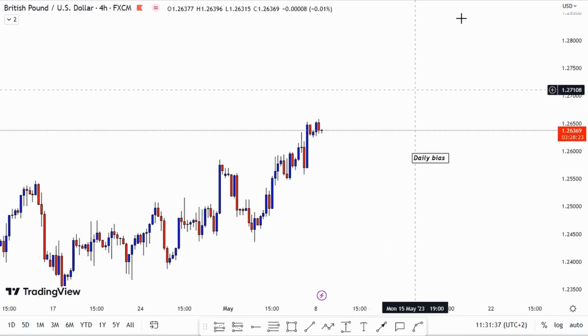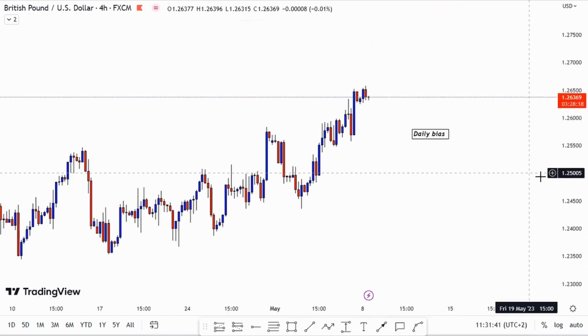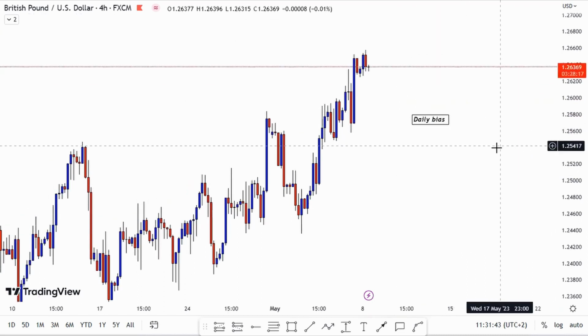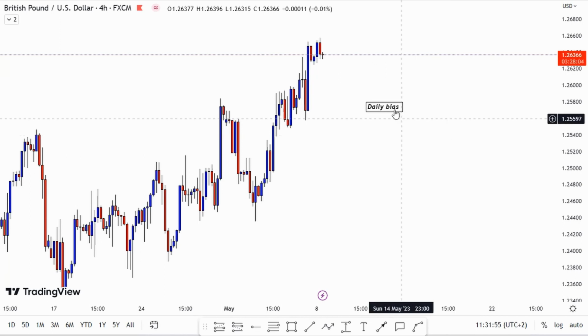Okay, now that we have our daily bias, we have to look for another thing that goes hand in hand with the daily bias. We have to look at the break of market structure. There should be a break of market structure.